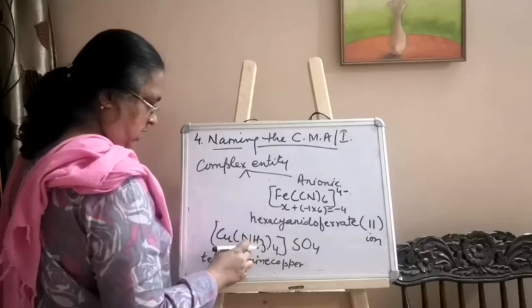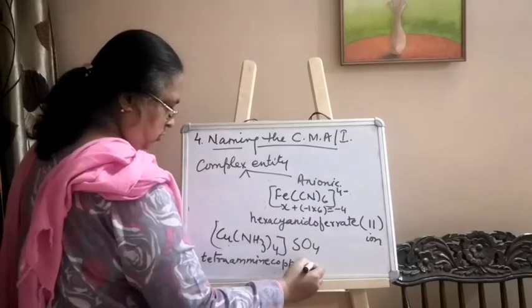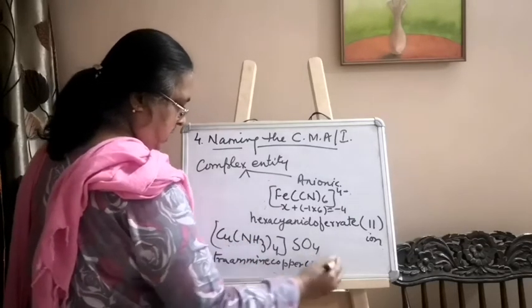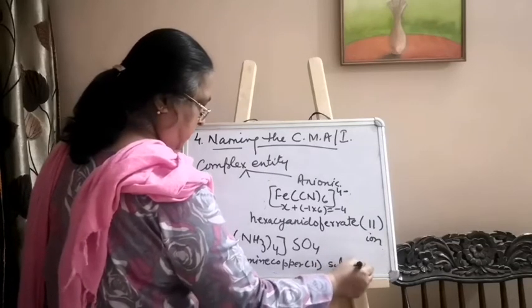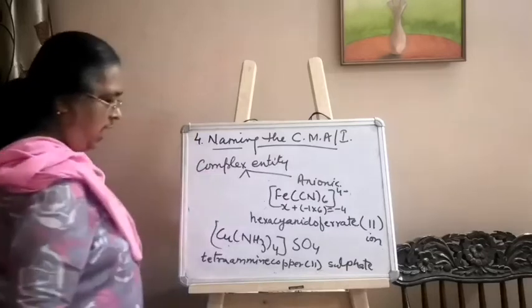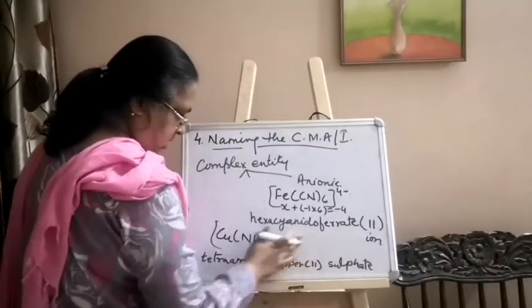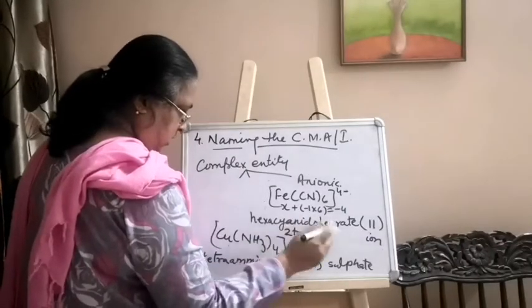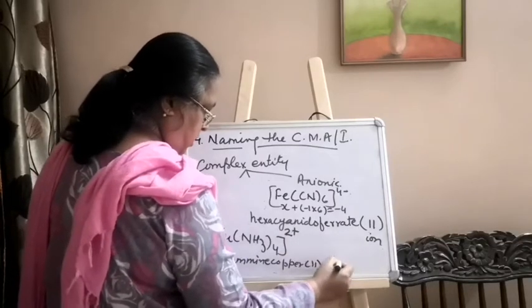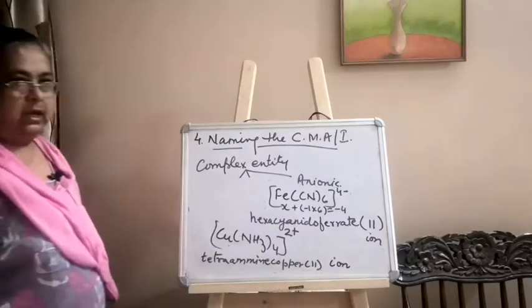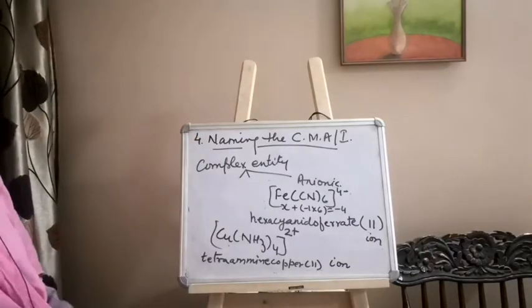Copper, what is the charge that we have seen? 2. And this part, leave some space, and then it will be sulfate. Okay. And if this is not there, you have 2 positives, so you will not write sulfate. Instead, you will write ion. Leave space and write down ion.